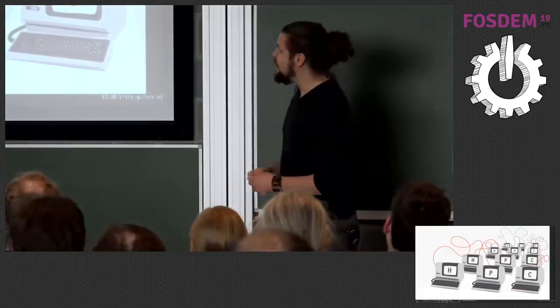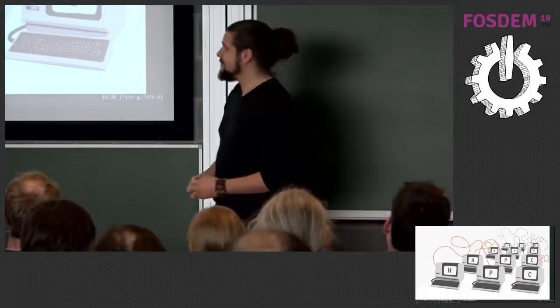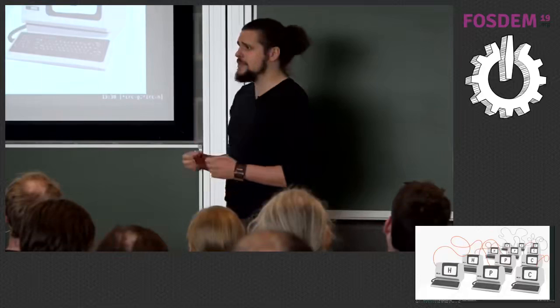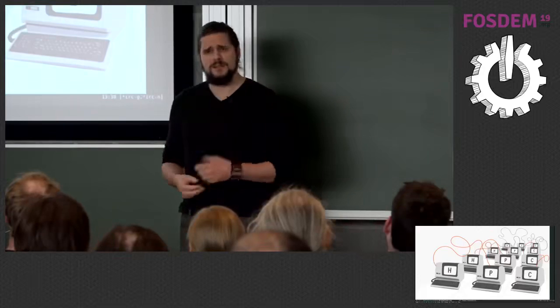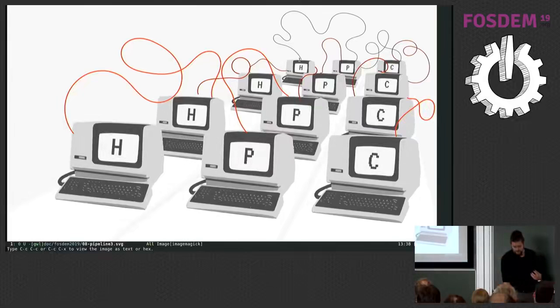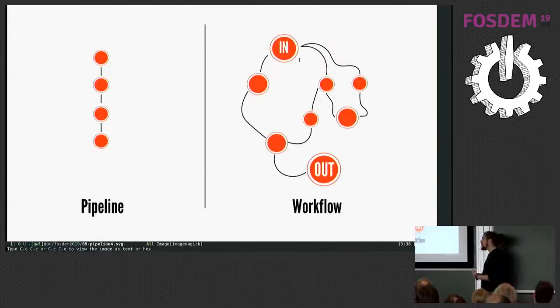Now, an obvious problem with this is that these are different machines, right? You can't just use a pipe for that. You still have processes, but how do you connect them? A pipeline is just a process connected with another process, maybe connected to yet another process.